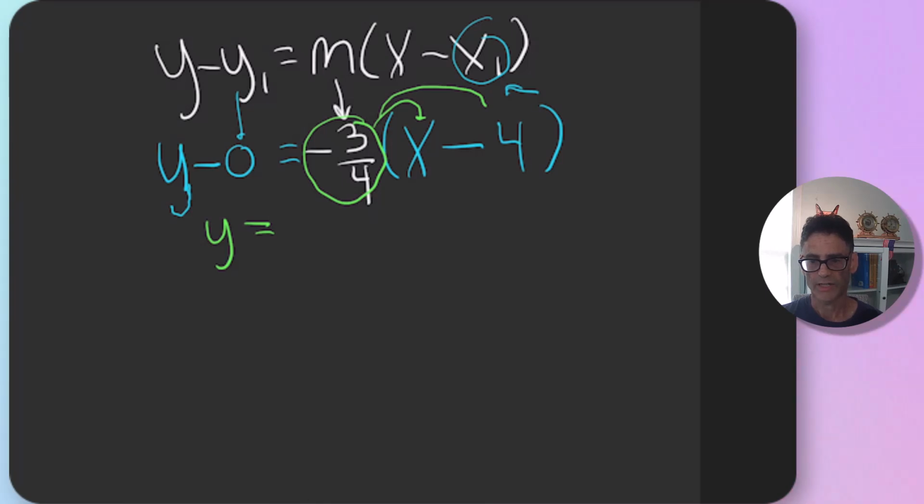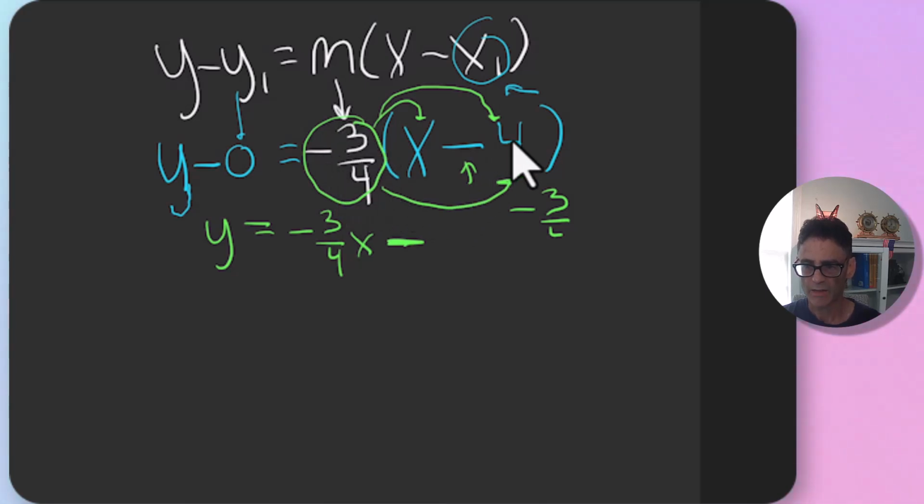Well, that's going to get me -3/4 x. Now, see, I have the minus sign. You got to put the minus sign there. Then I do -3/4 times just the 4. I'm ignoring that for a second. I'm going to just keep it there. And all I have to deal with is a -3/4 times a positive 4.